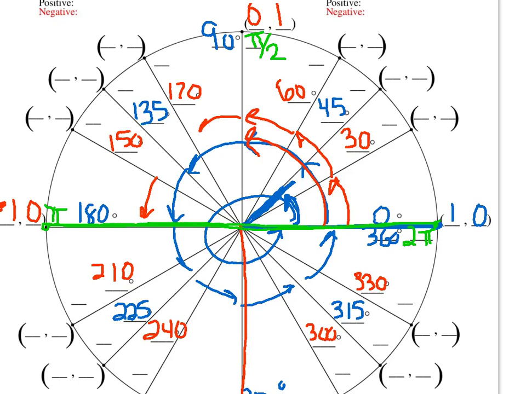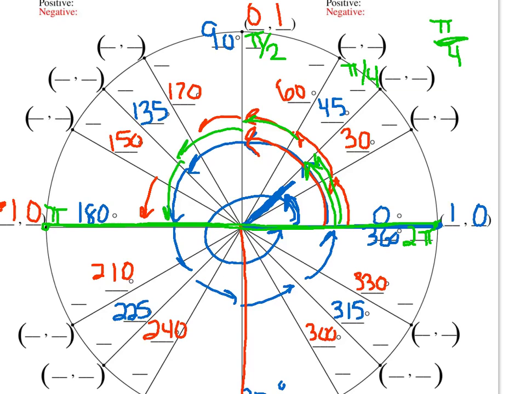Well, half of that is simply pi over 4. So each of these 45-degree increments basically comes from taking pi and splitting it up into fourths, because I'm breaking it up into 4 equal pieces, 45, 90, 135, and 180.